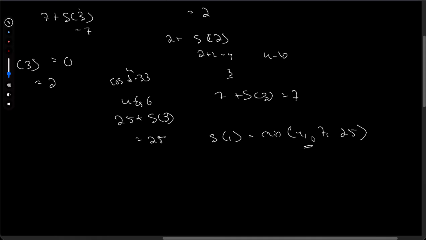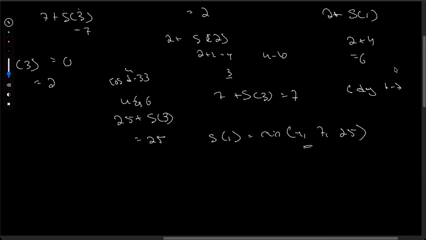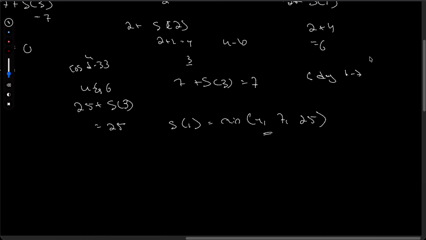Option 1 at day 1, total is 2 plus solve of 1, 2 plus 4 is 6. Option 2, at day 1, 7 days, we cover 1 to 7. So we cover 1, 4, 6, next index is 3, so 7 plus solve of 3 is 7.